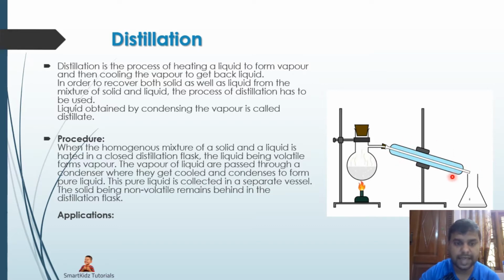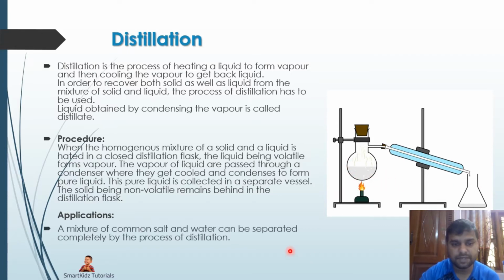That means it facilitates condensation, where the vapors get cooled and condense to form pure liquid. The pure liquid is collected in a separate vessel here. And the solid being non-volatile, that means it does not evaporate, will remain behind in this distillation flask. Application: a mixture of common salt and water can be separated by the process of distillation.